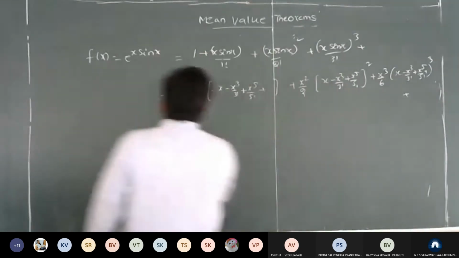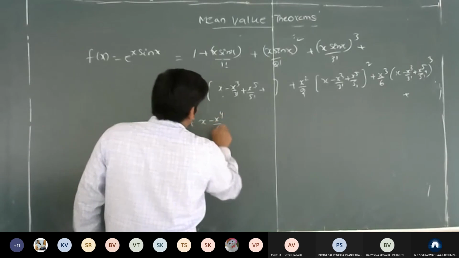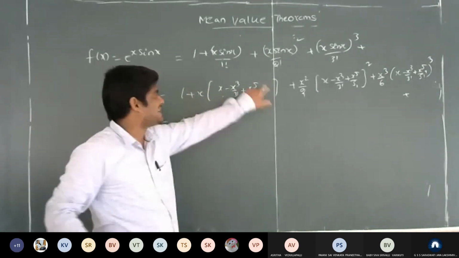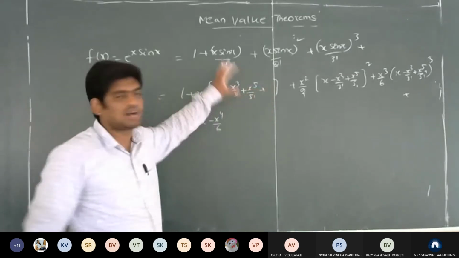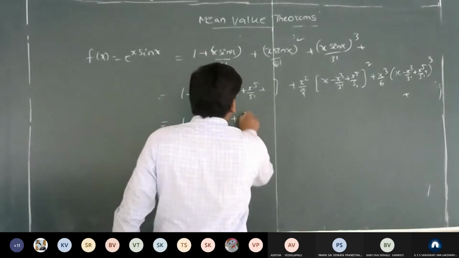So that is equal to 1 plus x minus x power 4 by 6 minus x power 4 by 6. The next step, x power 6 by 5 factorial, is not needed; we only find up to x power 4 terms. Plus x square by 2.